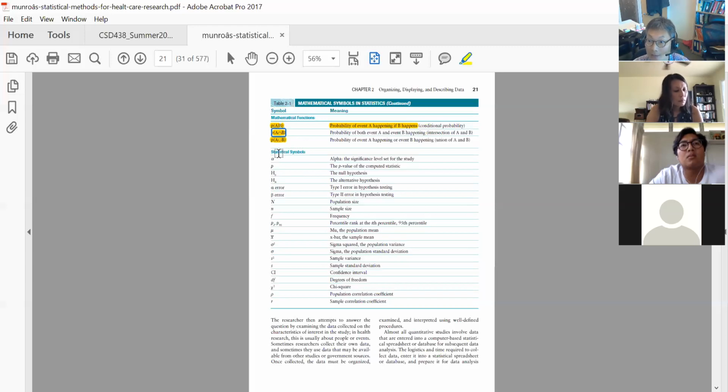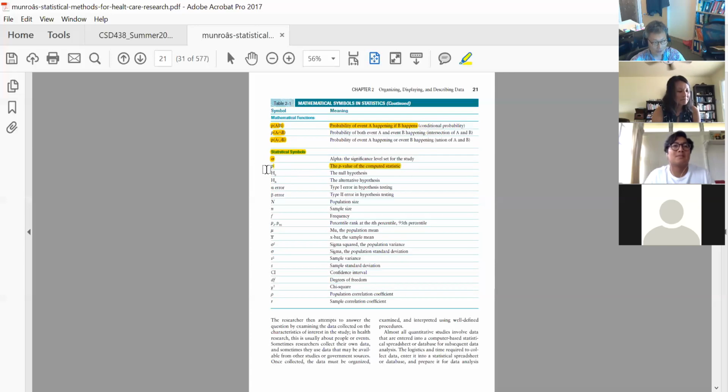And P, don't confuse it with P with parentheses around a certain event. This is just P itself. We call it just the P value, right? So the P value is one of the most important concepts in statistics. Using this P value, we can justify whether a certain test is significant or not, right? So I'll tell you later.